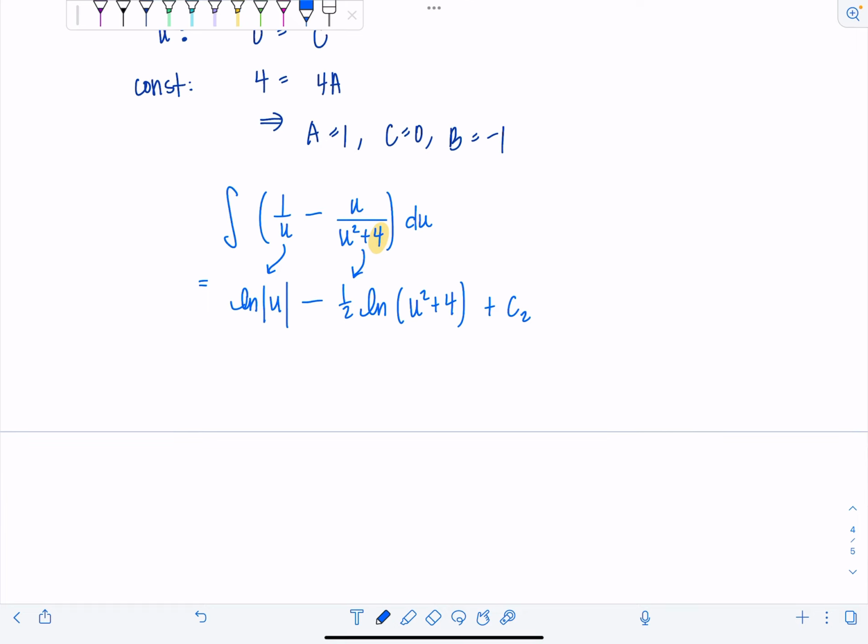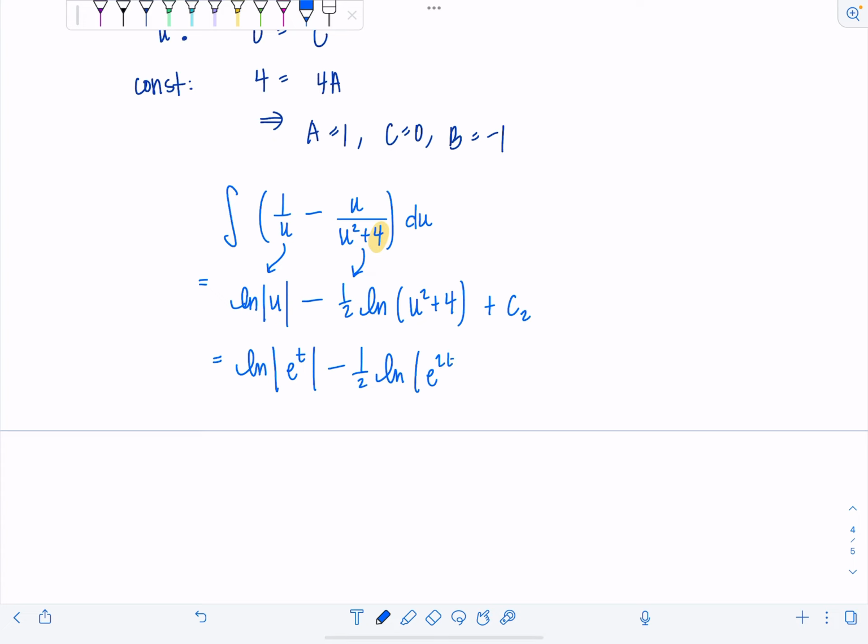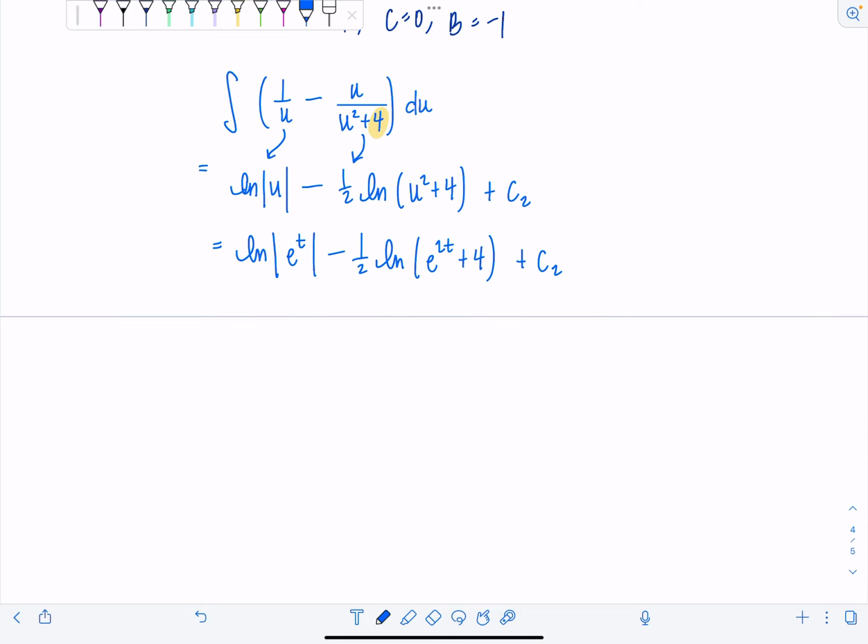And then remember from the very beginning, u was equal to e to the t. So let's go back and replace that here. So ln absolute value e to the t minus 1/2 ln of u squared, which is going to be e to the 2t, plus 4, plus c2. And then ln of absolute value of e to the t, I mean, e to the t is not negative, so we didn't need absolute value there. This is just the same as ln of e to the t, which will just be t, minus 1/2 ln of e to the 2t plus 4 plus c2.